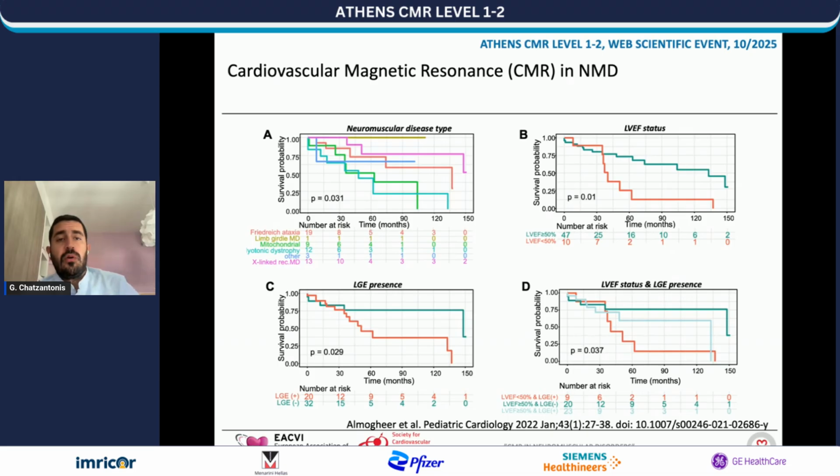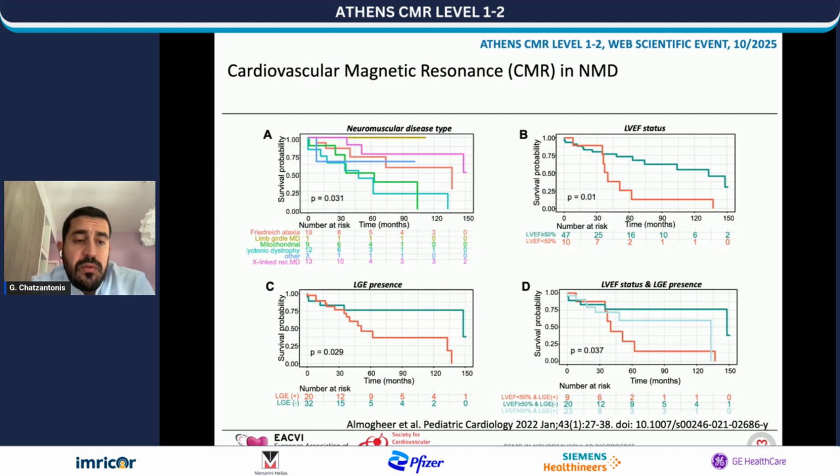So from this cohort, they did a Kaplan-Meier examination and assessment of an endpoint of death, hospitalization for heart failure, and implantation of pacemaker or defibrillator.